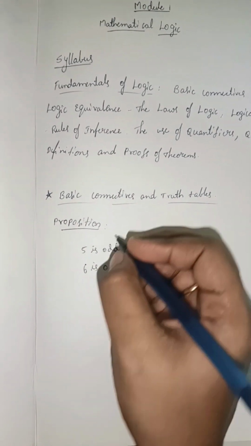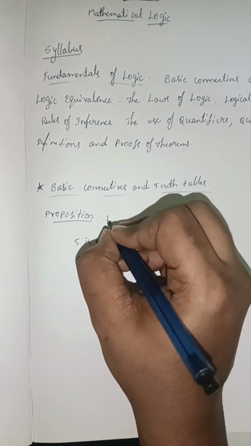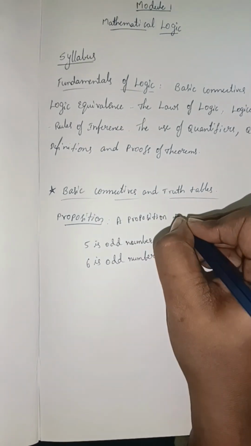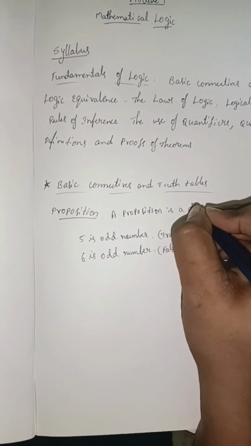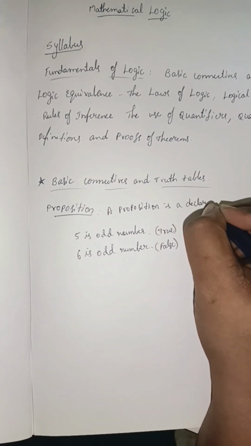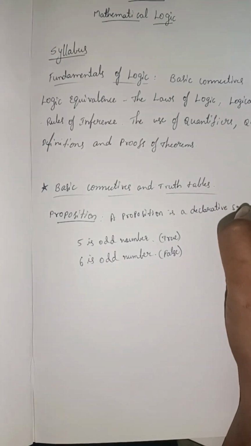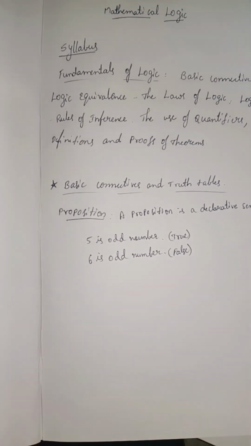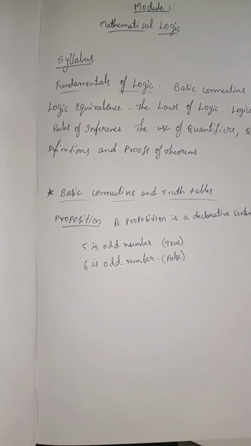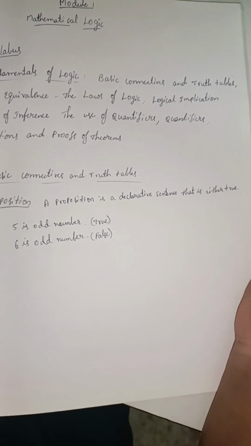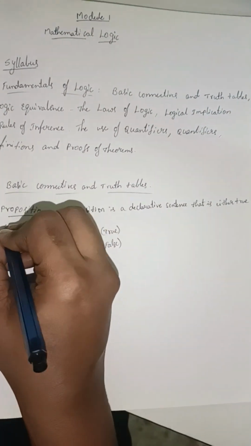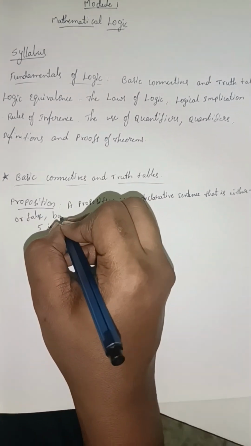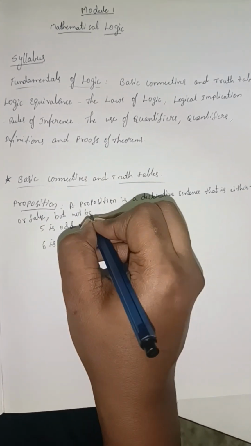Okay, a proposition is a declarative sentence that is either true or false, but not both.